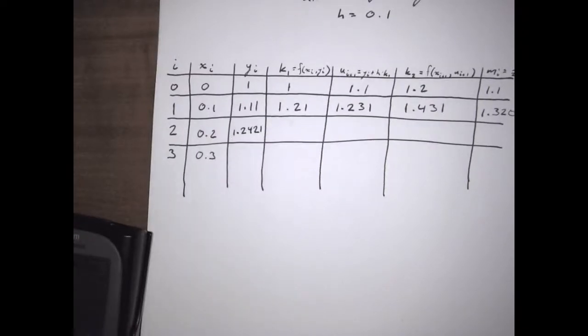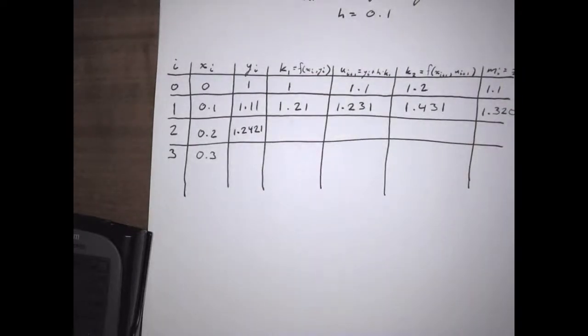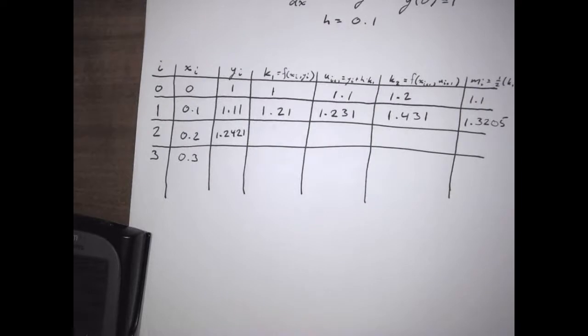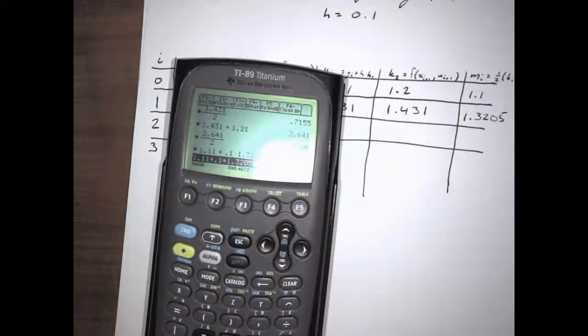So my eyes might have been a little bit bigger than my stomach on setting up all these rows. I think one row was enough to see how this is going to go, and it is quite a hassle to do numerically on paper. Now, your TI-89 is perfectly capable of doing regular Euler's method with the built-in table feature.